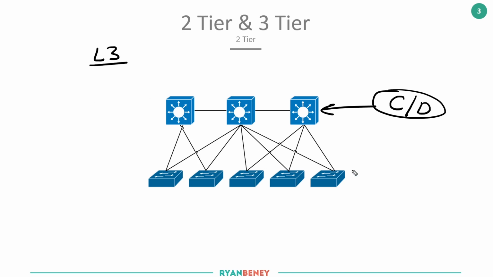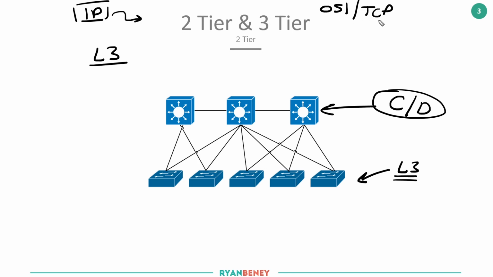Now I say normally because there's nothing stopping you from running layer 3 at the access, but most of the time you run it at the distribution and core. Now you might be wondering, well, what's layer 3? Layer 3 is where we start looking at the IP addressing. And again, this terminology of layer 3 is not being spoken about yet because we've not gone through the TCP and OSI model. But some of you may know what I'm on about, some of you may not.